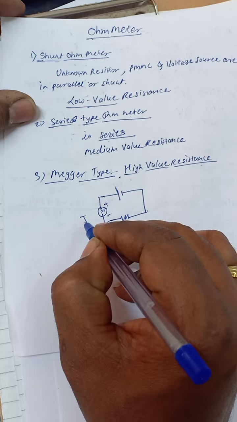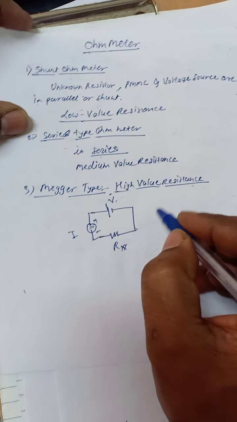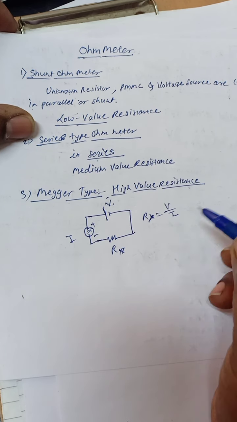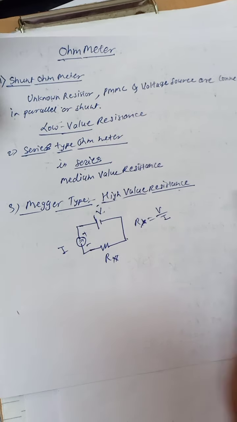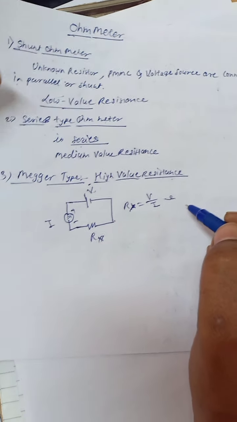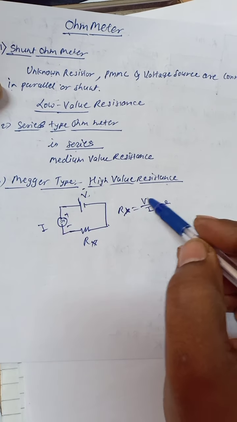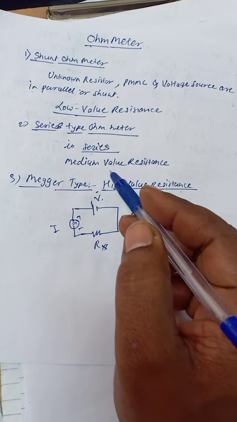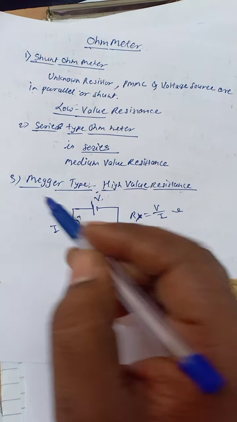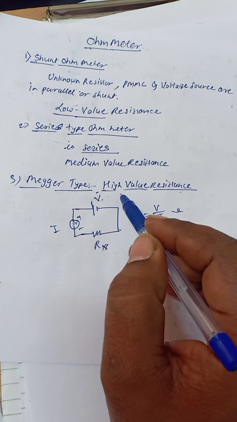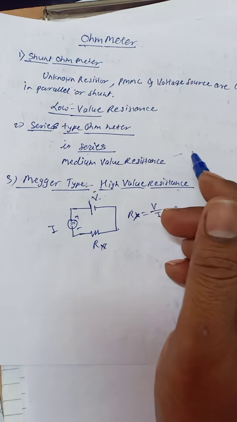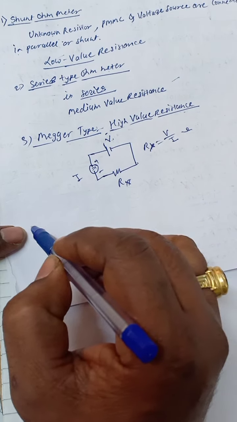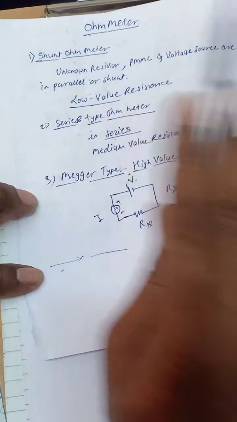Since you know the applied voltage, Rx equals V by I. That is, by using Ohm's law we can find the resistance value. V is equal to IR. By measuring the current through the resistor, and knowing the applied voltage, you can find the resistance. So this is nothing but the Megger type, which is used to measure high value resistance. These are the three types. In the next lecture we are going to see the shunt type ohm meter.